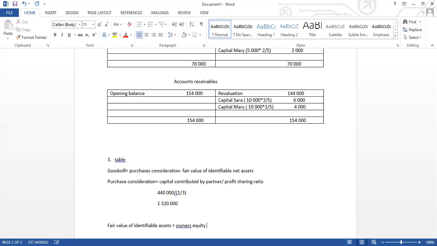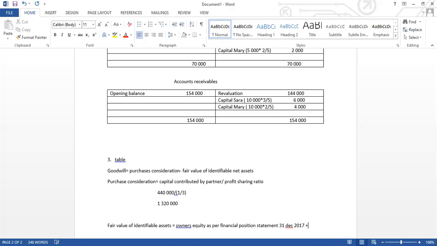So owner's equity as per financial position statement of 31 December 2017.